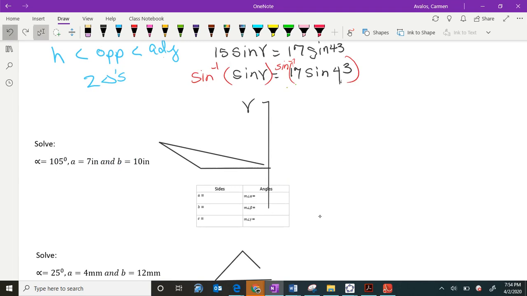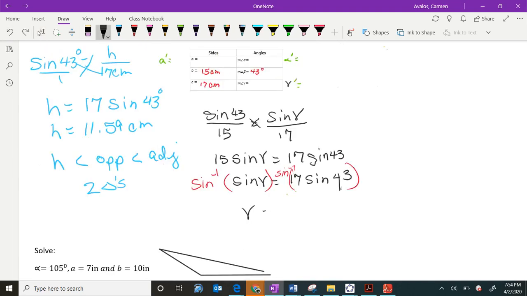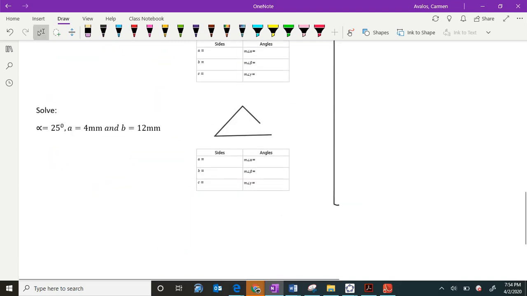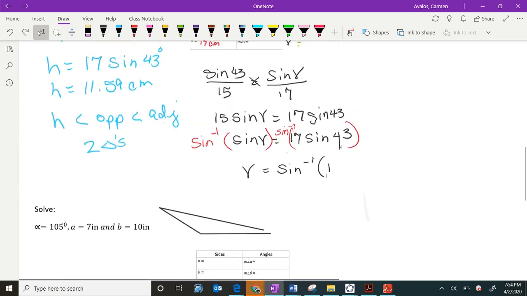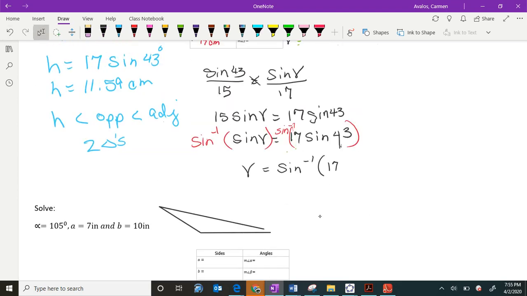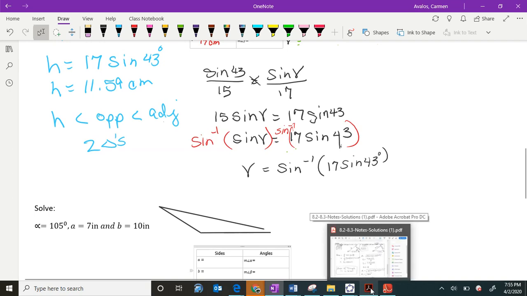Gamma is going to be sine inverse of 17 sine of 43 degrees. So we're going to put that in the calculator.